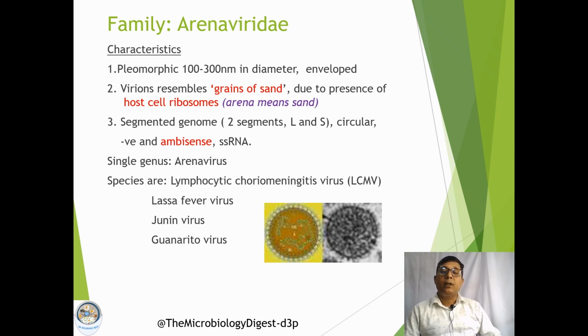They have a segmented genome with 2 segments, L and S. The genome is circular, single-stranded RNA, with an ambisense strategy or ambisense polarity. It has a single genus, Arenavirus, which includes Lassa virus and Junin virus. These are the viruses included under this family.